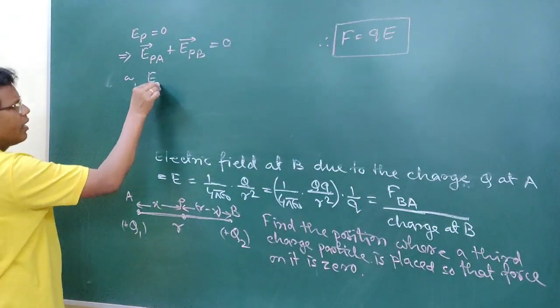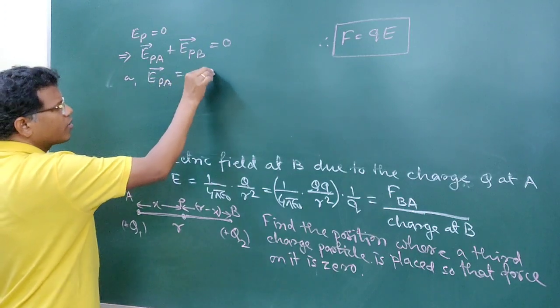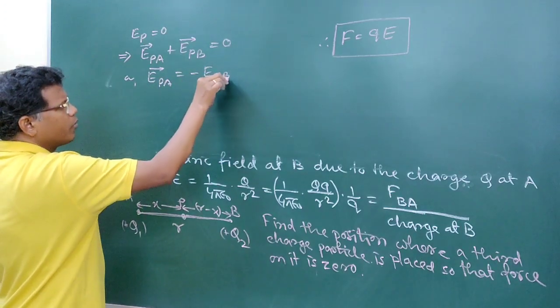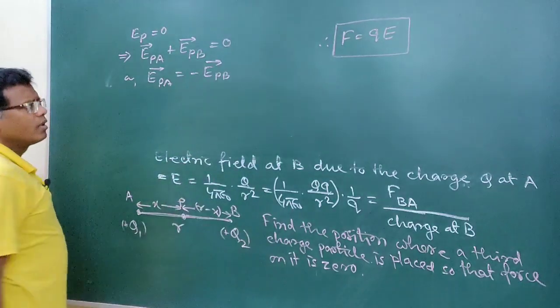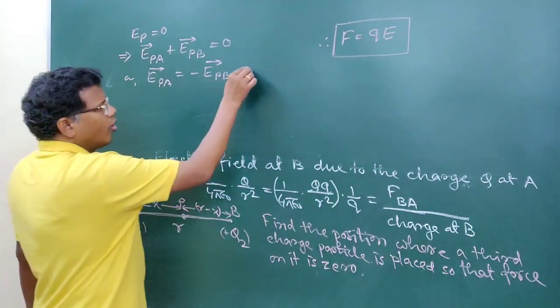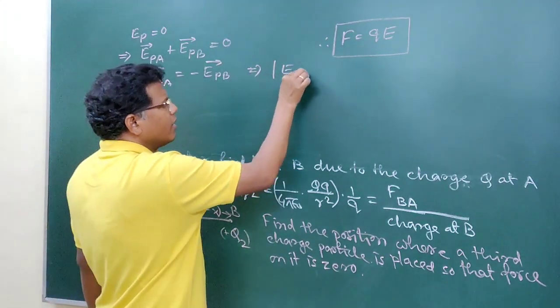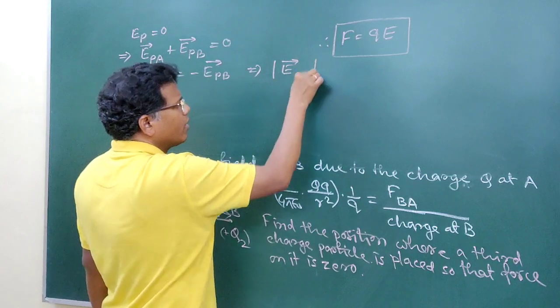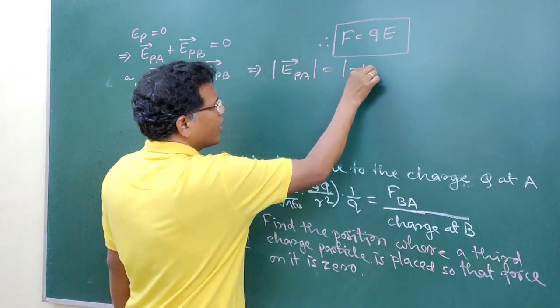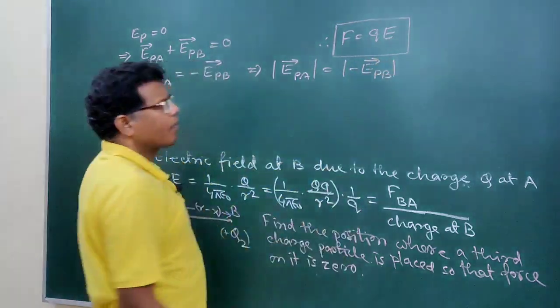So electric field at P due to A must be equal to minus the electric field at P due to B. This is the vectorial significance. Magnitudewise, EPA should be equal to the magnitude of EPB.